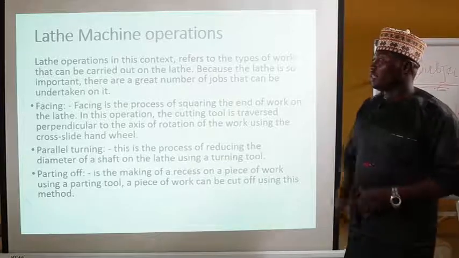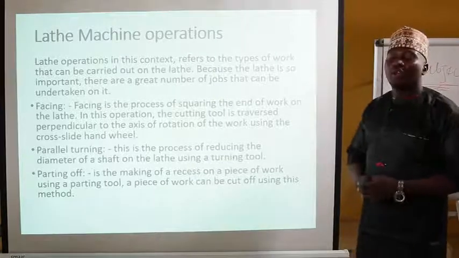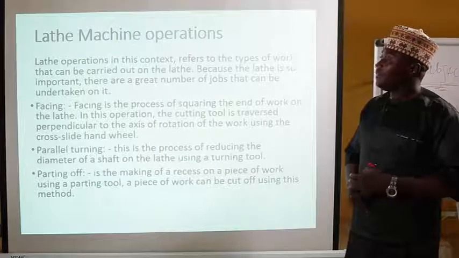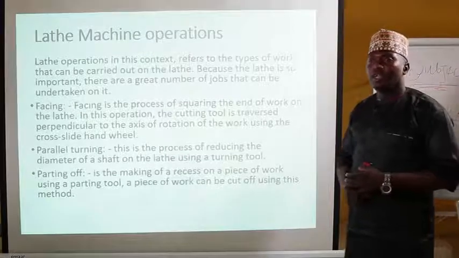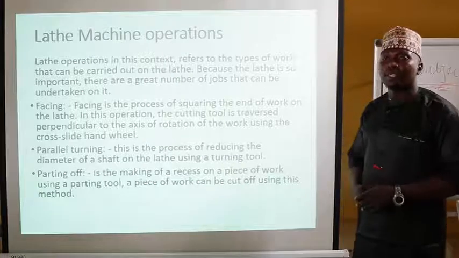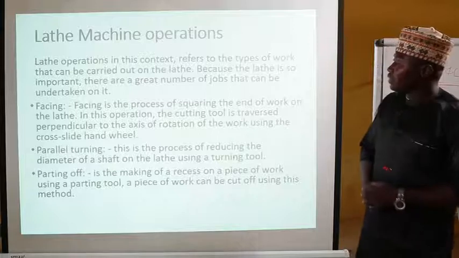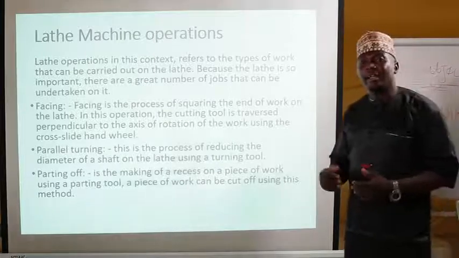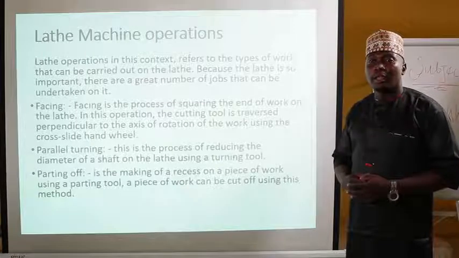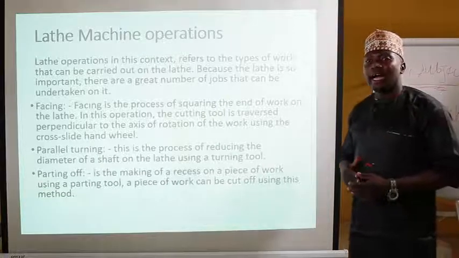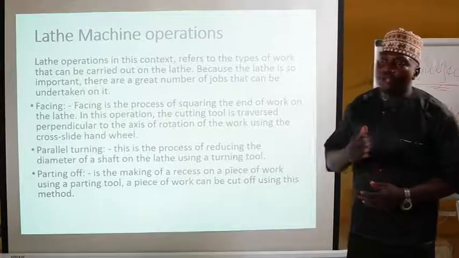Let me start by highlighting the operations that can be carried out. We have one, facing. Facing is one operation that can be carried out on the lathe machine. It's the process of squaring the end of the workpiece. This is done by traveling the cross slide across the bed.